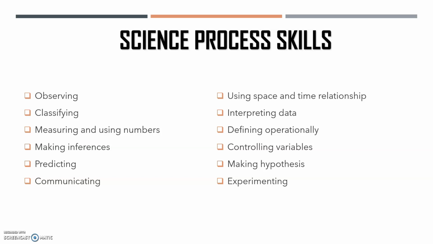So there are a few steps involved in conducting an experiment, such as planning an experiment, experimenting and collecting data, interpreting data, making a conclusion, and reporting the result of the experiment. For example, planning and conducting an experiment to determine whether the increased size of magnets can increase the number of paper clips that are attracted.